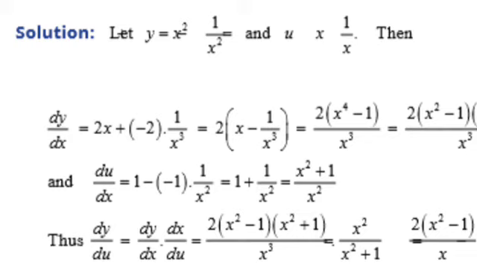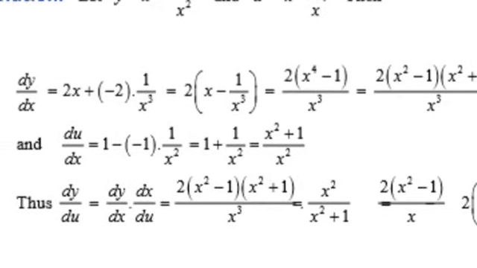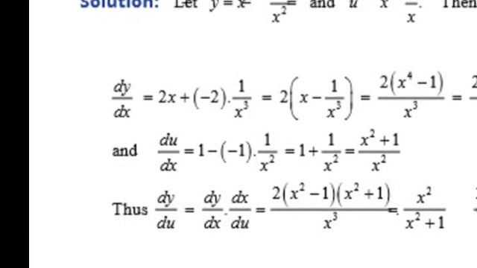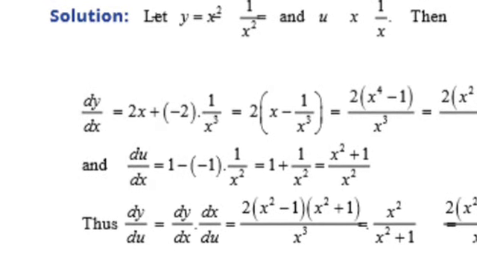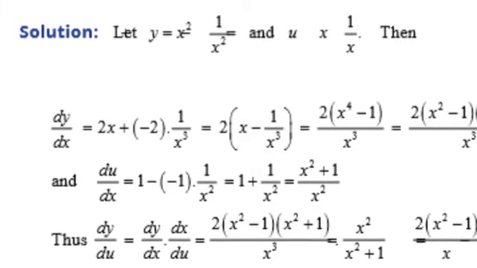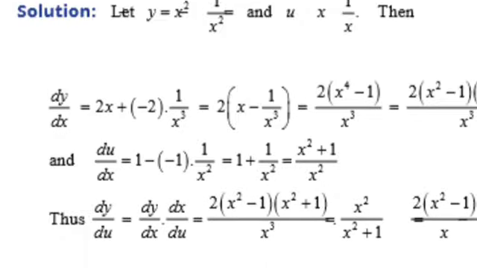Minus 2 minus 1 becomes minus 3, so we can write minus 2 times 1 over x cube. Then we simplify these equations. For the derivative of x minus 1 over x, the derivative of x is 1, and for 1 over x, first we write it as x raised to the power minus 1, giving minus 1 x to the power minus 1 minus 1, which becomes minus 2, and then we apply the chain rule.